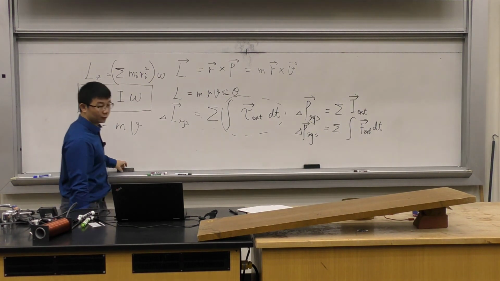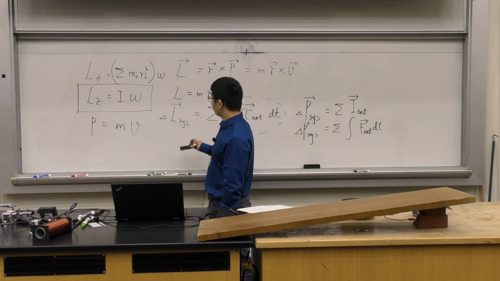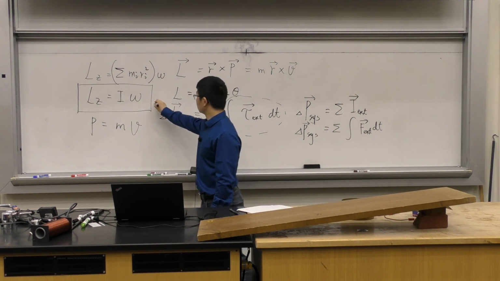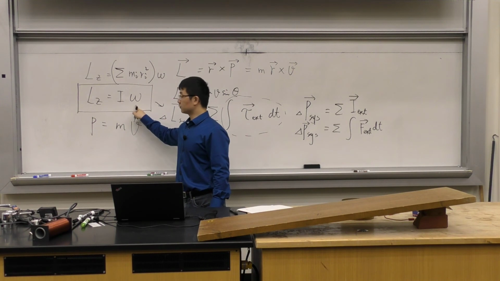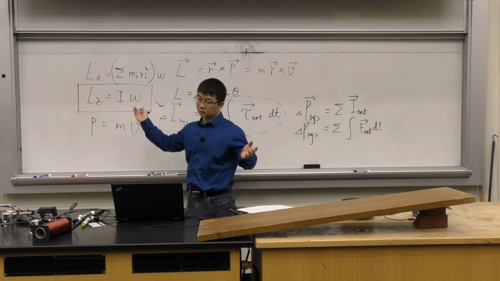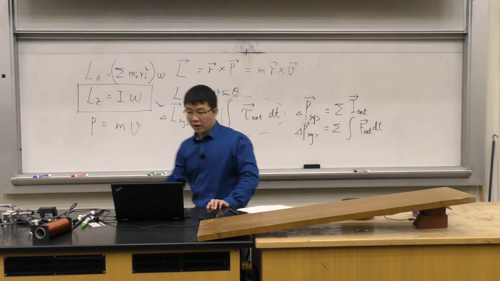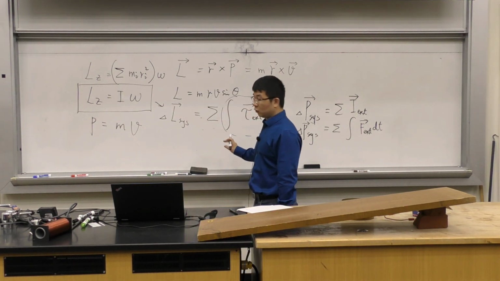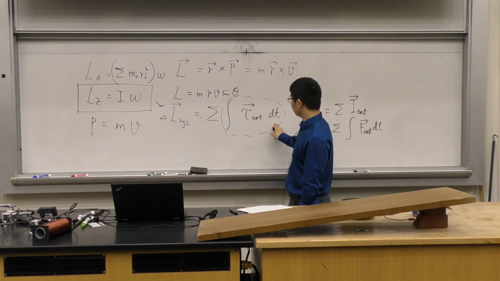So when we apply the law of conservation of angular momentum, for the left-hand side we're just going to do I times omega, like m times v. Calculate the final value and the initial value, and subtract them. That's how you find the change in momentum. For the right-hand side, you still need to do this integral, and a lot of people are scared by it, but we're not going to really integrate anything.